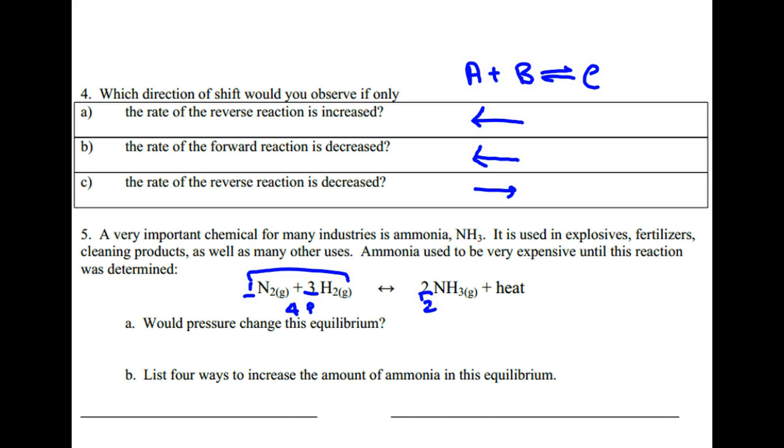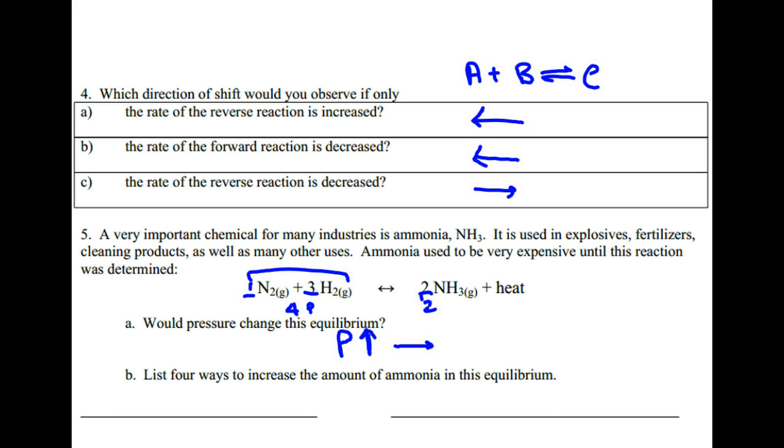Well, let's just count the NH3, which is 2 particles. So if you change the pressure, let's say the pressure goes up, well, now this system would want to equalize and have the pressure go down, and the way you can do that is go to the side of the reaction which has less particles. In this case, to this way.